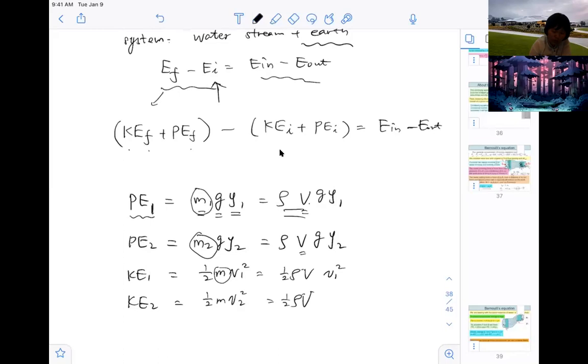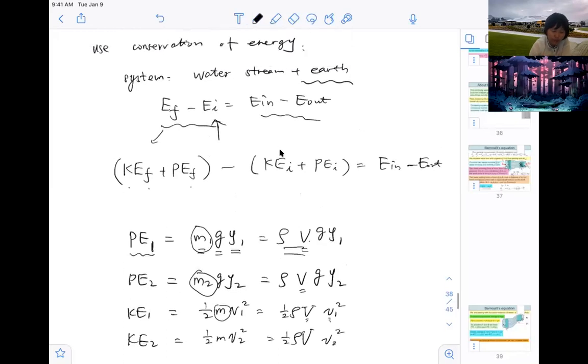The volume V, I use capital V to represent it. Velocity v, I use little v to represent it, just to be careful, because one represents volume and one is velocity. Okay, finally, we are able to combine all of these into this equation and finally have Bernoulli's equation.